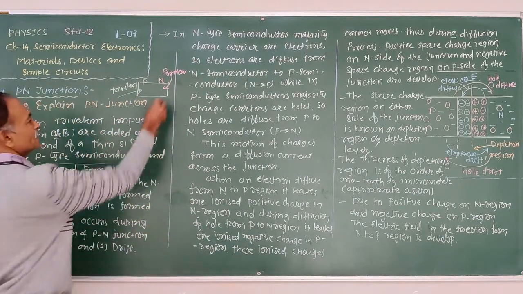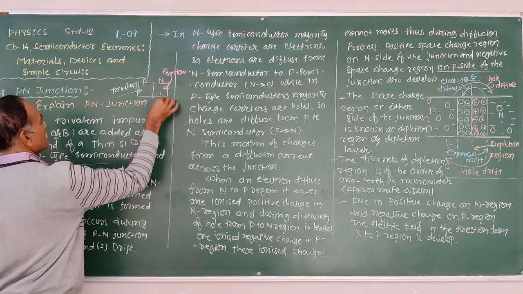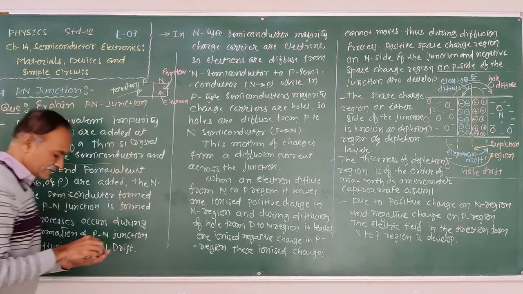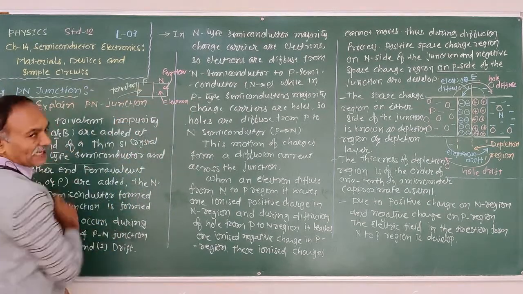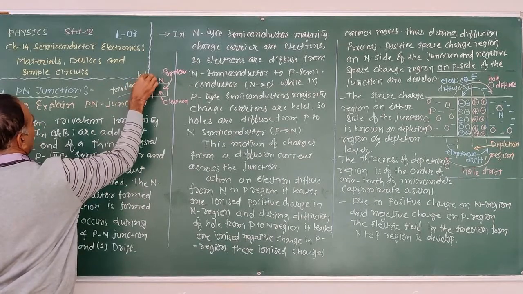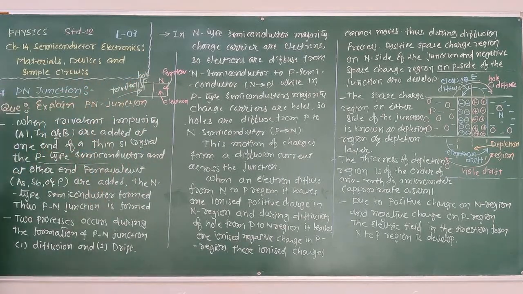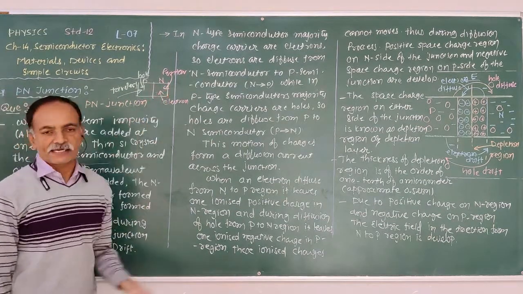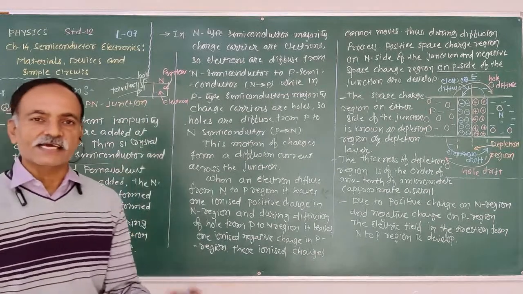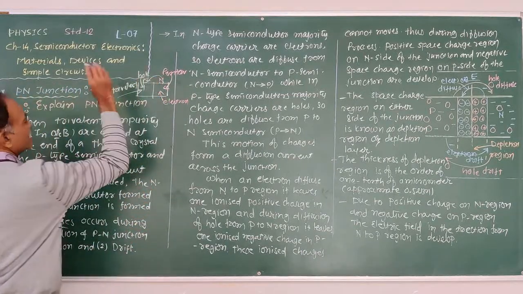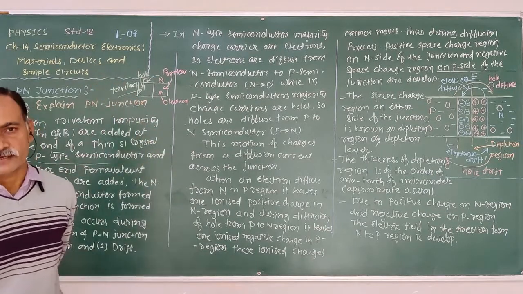So in this region, the N-type semiconductor, the majority charge carriers are electrons. While there is the P-type semiconductor, here the majority charge carriers are holes. In the N-type region, the majority charge carriers are electrons, and these electrons diffuse into the P-type semiconductor.